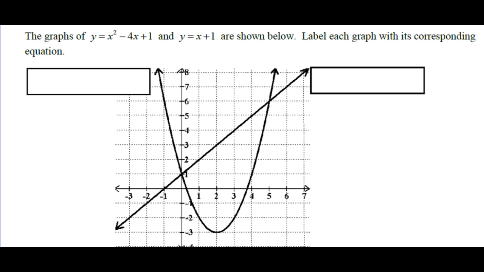Graphs of y equals, so they're shown below. Label each graph. So which graph is this one? This or this? First one, right? Yeah, it's obviously the quadratic. Okay, so this is y equals x squared minus 4x plus 1, and this is y equals x plus 1.